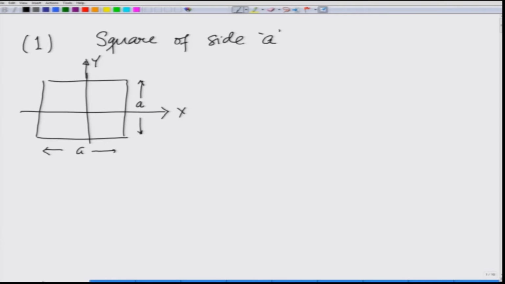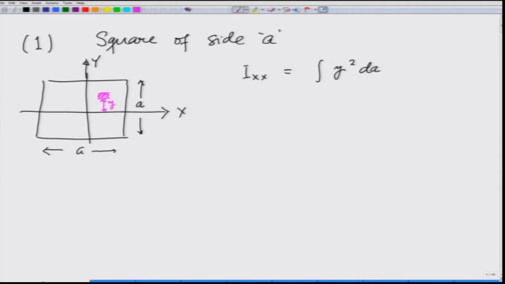Now, you recall that Ixx, that is the moment of area, is the integral of y square dA, which indicates that I take a small infinitesimal area here and its distance y from here, multiply by y square dA and integrate.